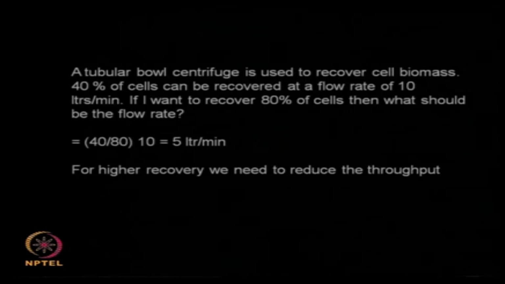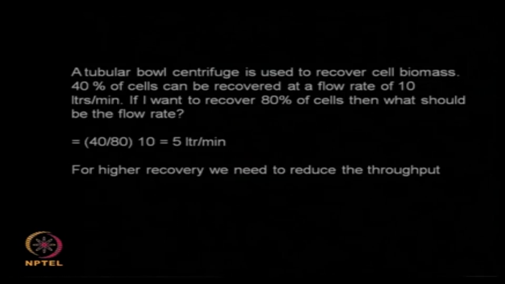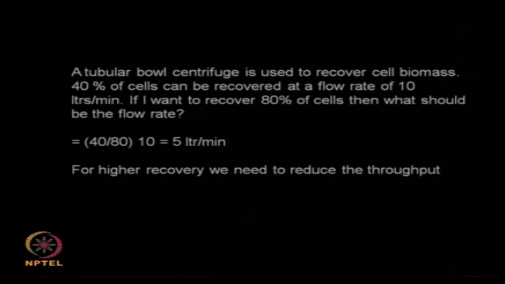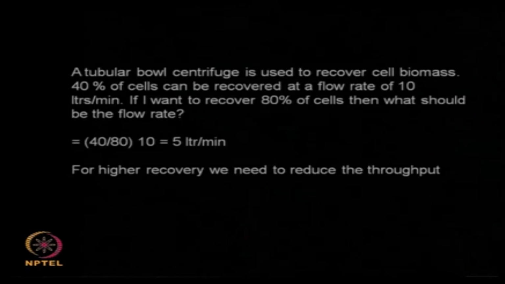So we are using a tubular bowl centrifuge to recover cell biomass. So if I use 10 liters per minute, I am able to recover 40% of the cells, but then I need to recover 80% of the cells. So what should be the throughput or the flow rate? It will be directly proportional to the percentage recovery.